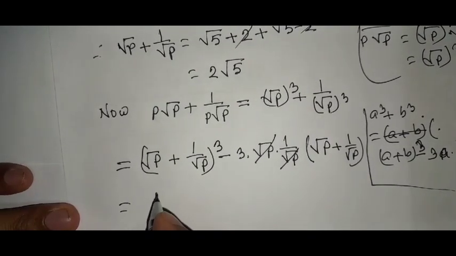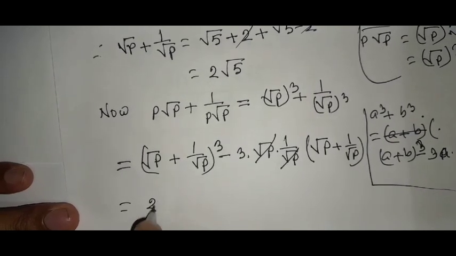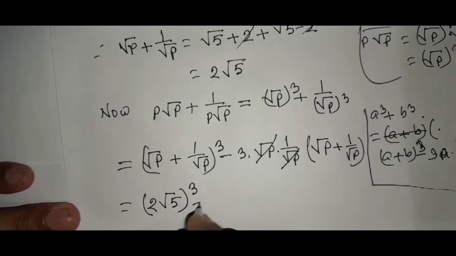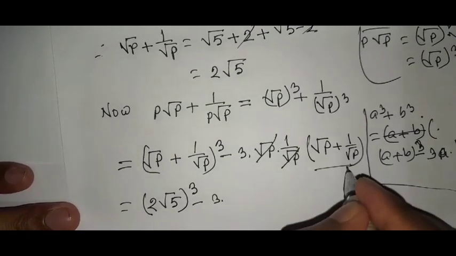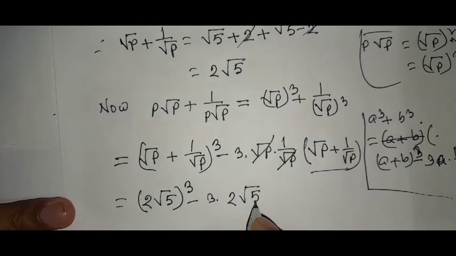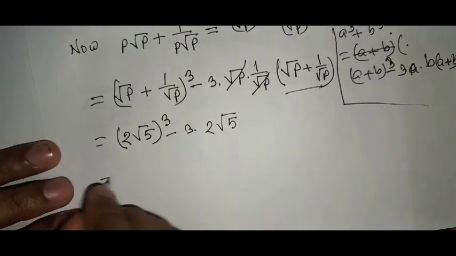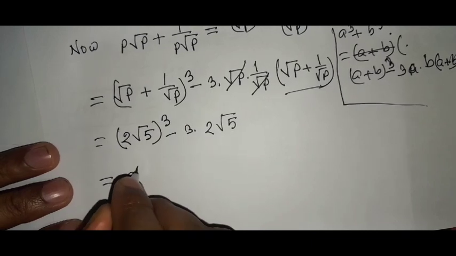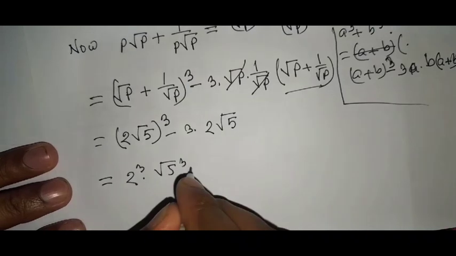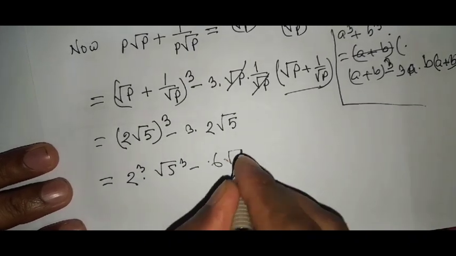Here the value of root p plus 1 by root p is 2 root 5, all cube, minus 3 times 2 root 5, which equals 2 cube and root 5 cube minus 6 root 5.